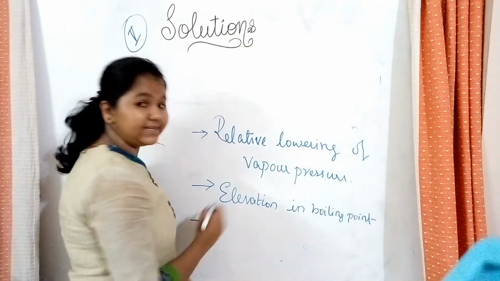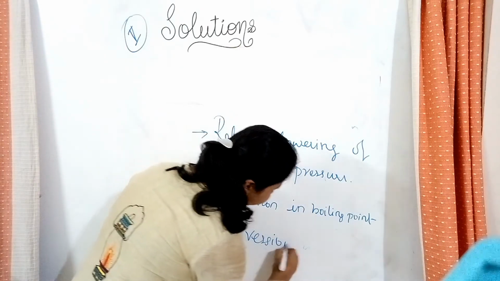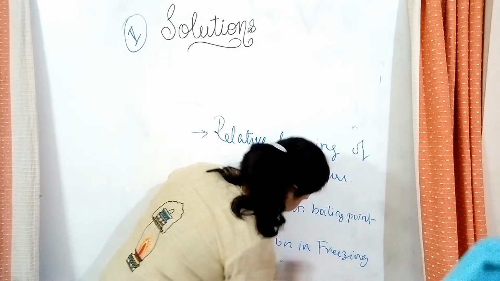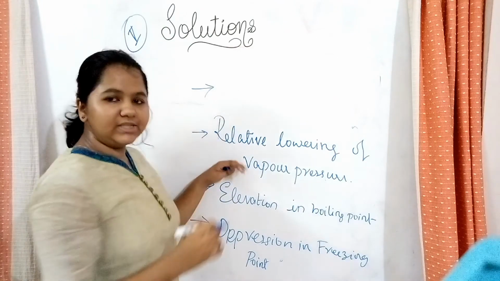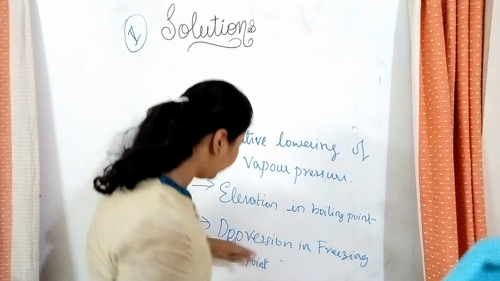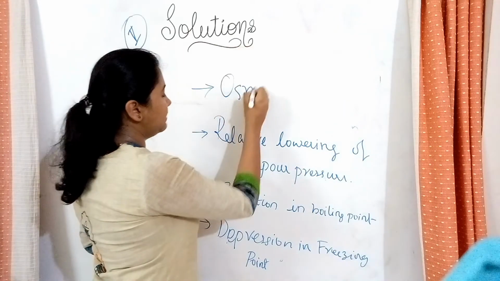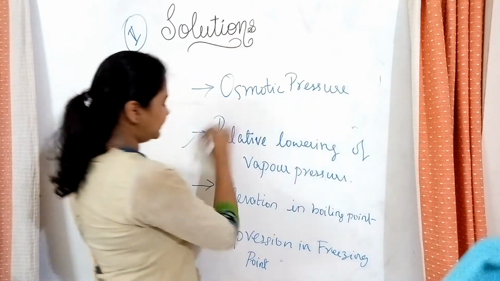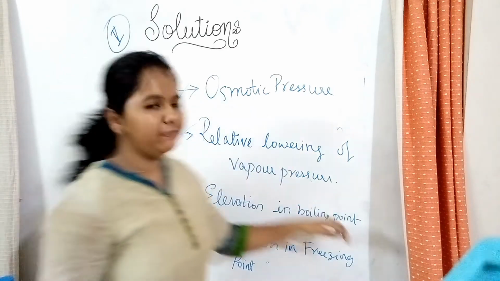The third one is depression in freezing point. And we have one more. So the ones we discussed are relative lowering of vapor pressure, elevation in boiling point, depression in freezing point, and the last one is osmotic pressure. We'll discuss each of them in detail. First we'll learn about relative lowering of vapor pressure.